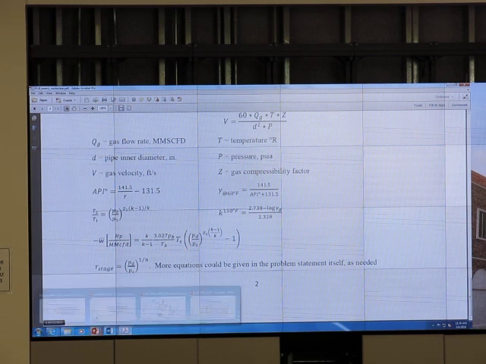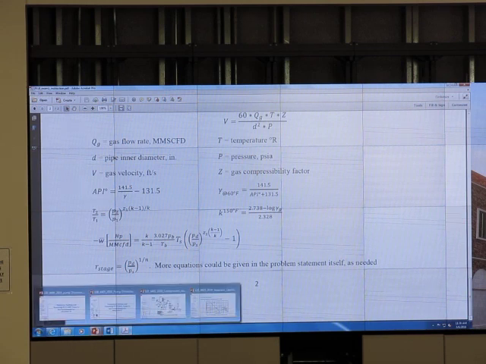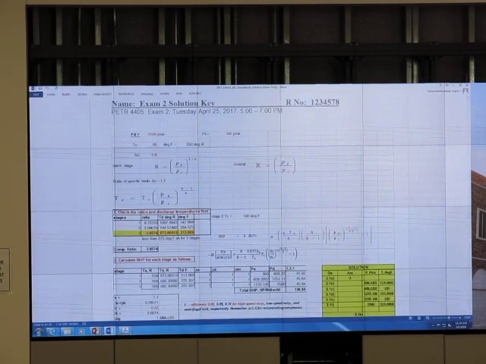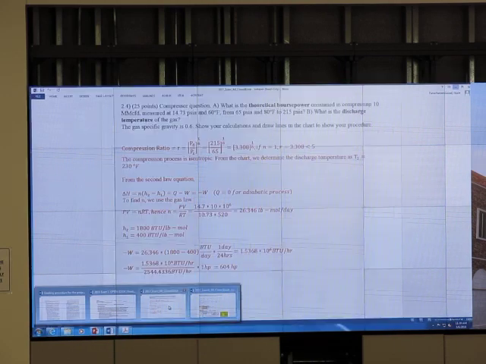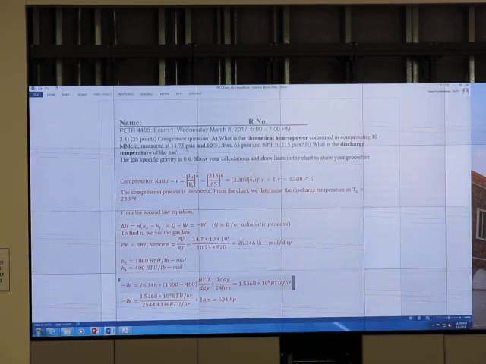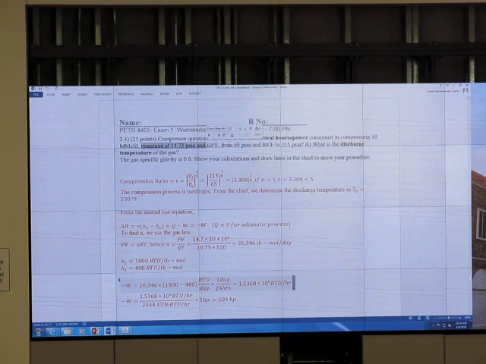You never know. To do it, let's say in the exam of that year, I want to compress to... what is the discharge temperature? Compression equation, 10 mmSCF from 65 to 215.